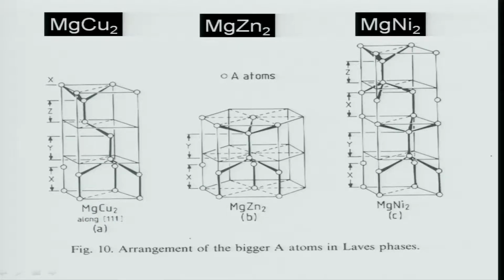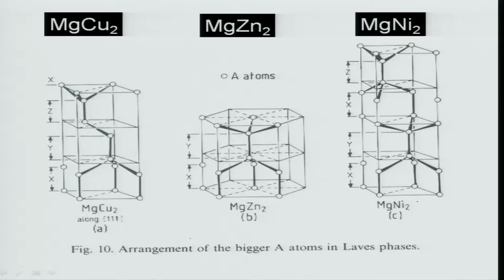Next one is MgZn2. MgZn2 basically forms such a kind of hexagonal structure, and they are also stabilized by tetrahedral atoms, and you can see here A atoms are the bigger atoms which are shown here, B atoms will be shown in the next slide, whereas MgNi2 is the same hexagonal structure only, but the unit cell is doubled.